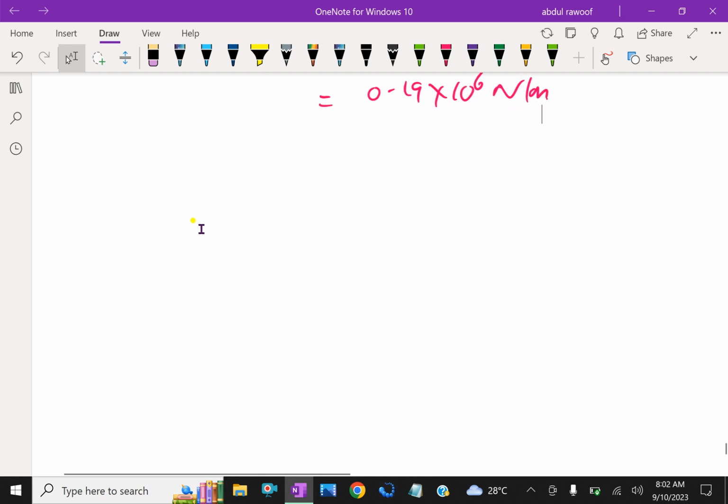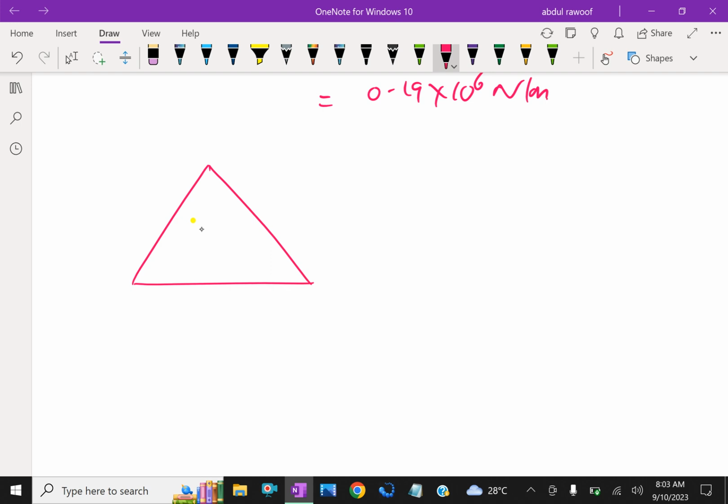Therefore, we'll draw the things now one more time. Look at here. This is 4 microcoulomb, 10 microcoulomb, minus 6 microcoulomb. Drop a perpendicular here. That is E4.